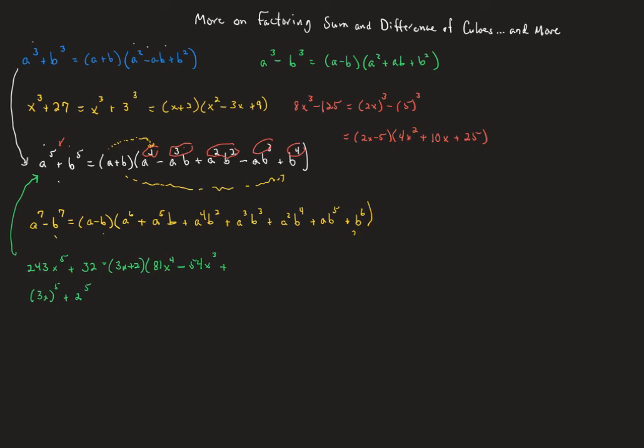And then we're going to alternate signs. So now we're at 3 to the second, so that's going to be 9. We're up to 2 to the second, that's 4. 9 times 4 is 36, x to the second. We're going to alternate signs, so now we've got a minus. And we're going to get 3 to the first, so that's just 3.